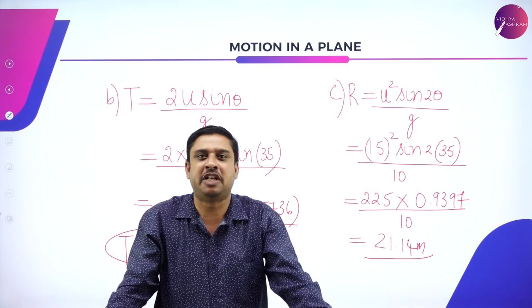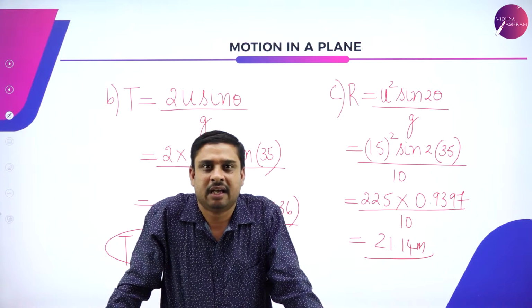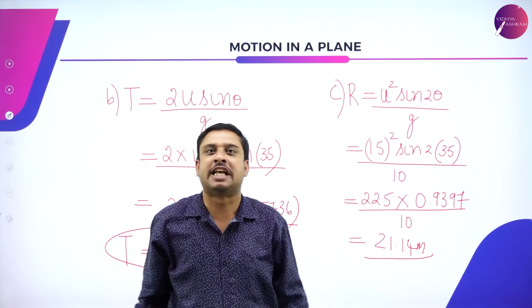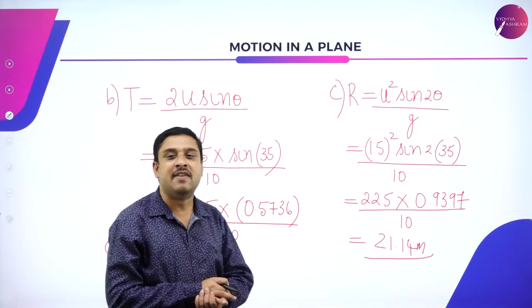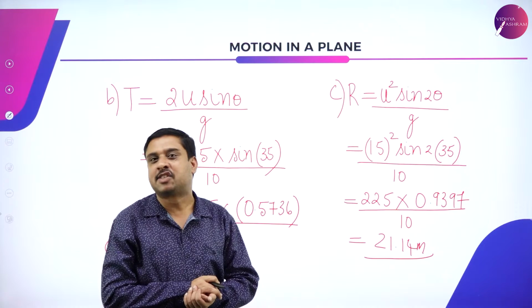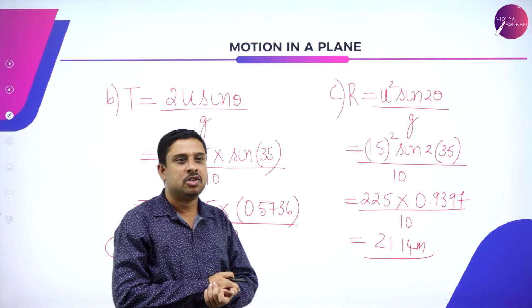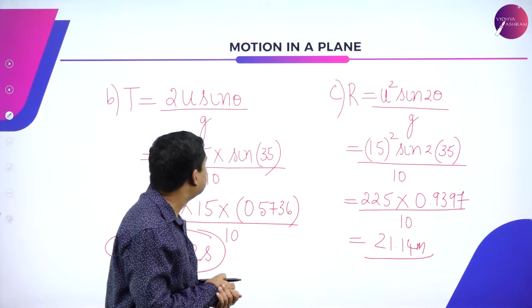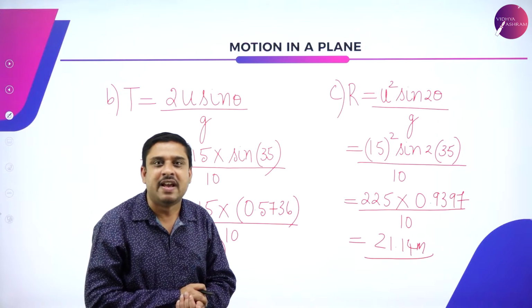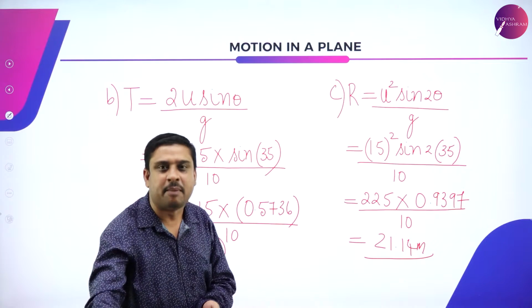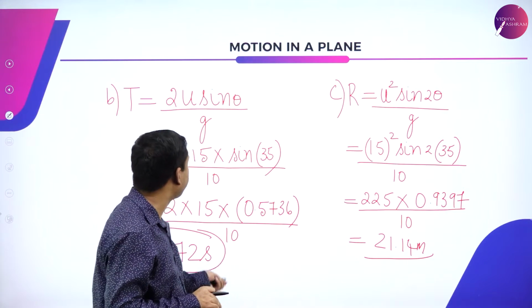So if you observe, dear students, the consequence of the calculation is that range is always greater than the maximum height. So the calculation has clearly shown that range is always greater than the maximum height.